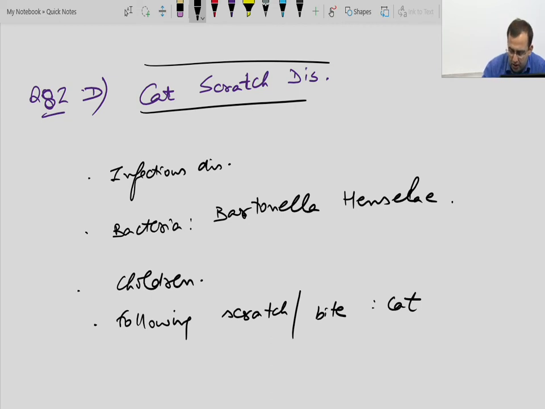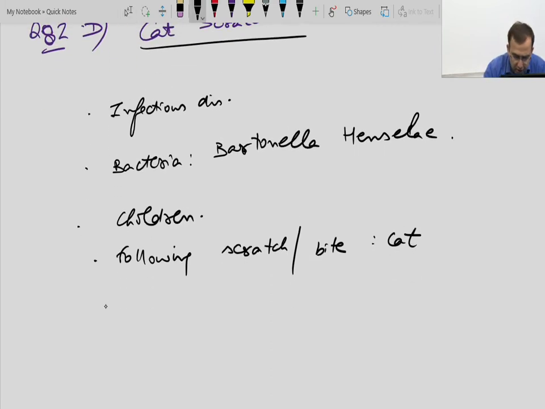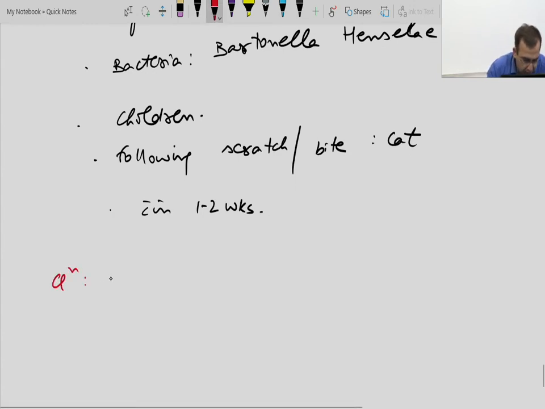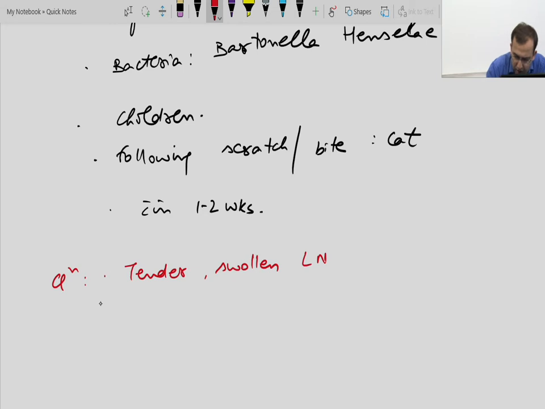Cat scratch disease. So the cat has scratched today. After how long will the disease occur? That is within 1 to 2 weeks. Next point. Clinically, the child shows tender swollen lymph nodes near the scratch or on the neck.